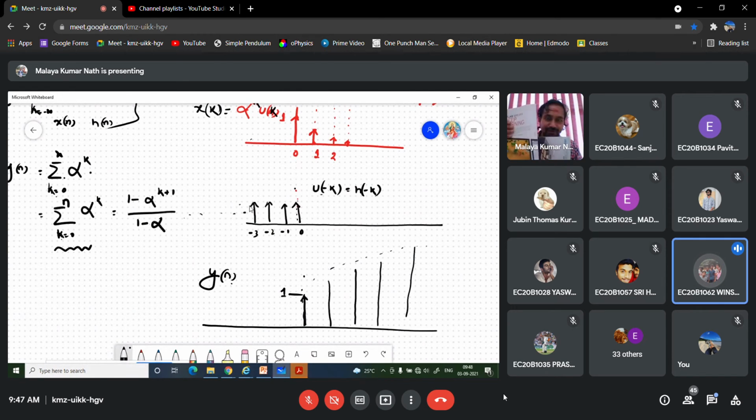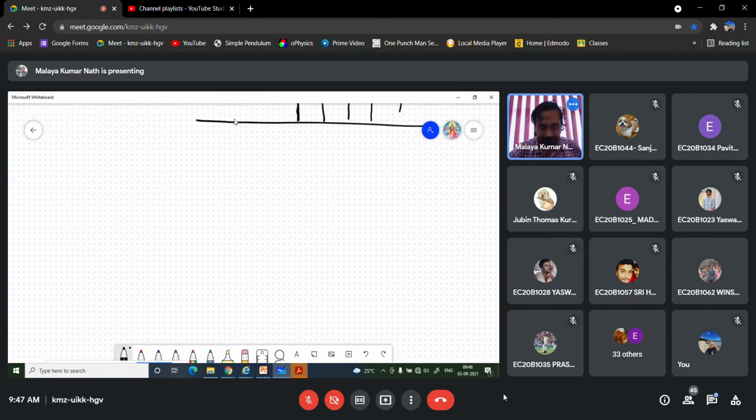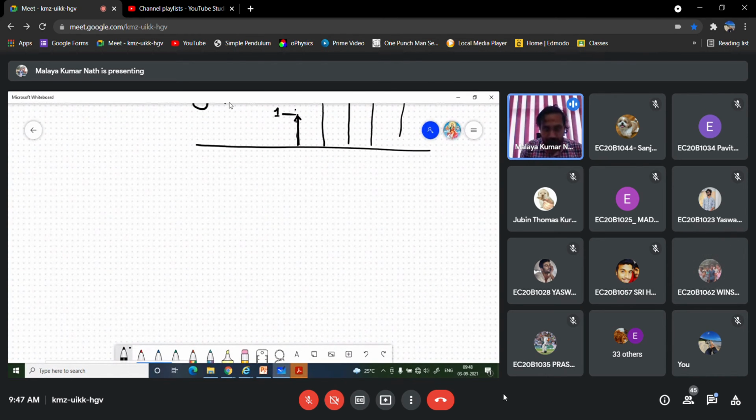Sir, for any function, it will be 0 to t? It will be from 0 to t, for any function. Suppose I have a signal like this. Suppose your x of t is like this. This is equal to 0. This is the x of t.